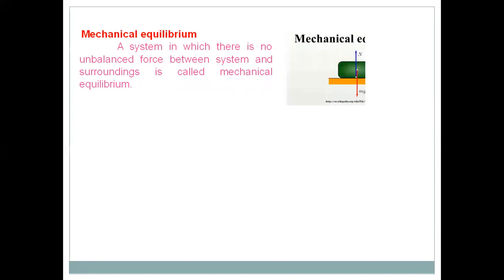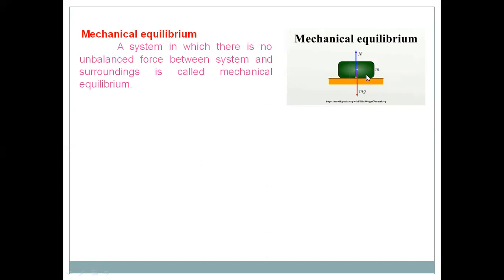You may see here one example. There is a table, and on the table a book or any object is kept. There is a gravitational force mg downwards. When the object is kept on the table, some normal force acts upwards.